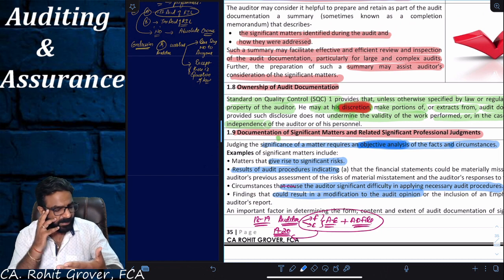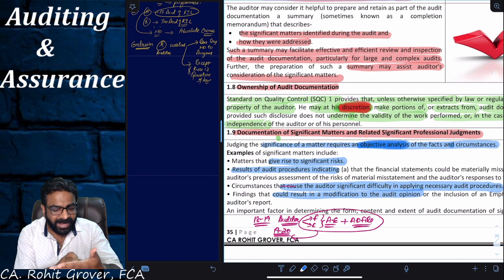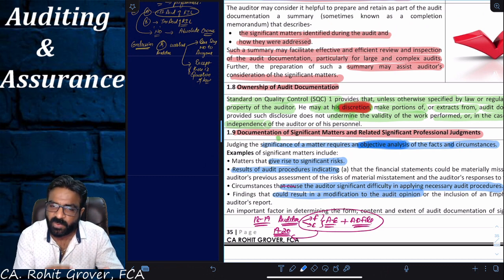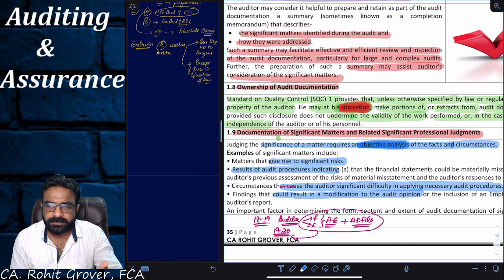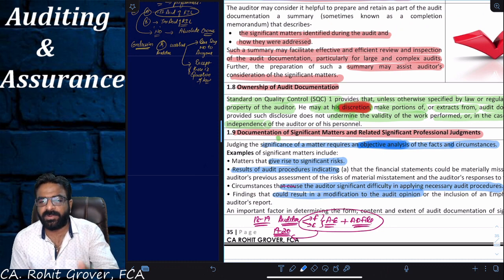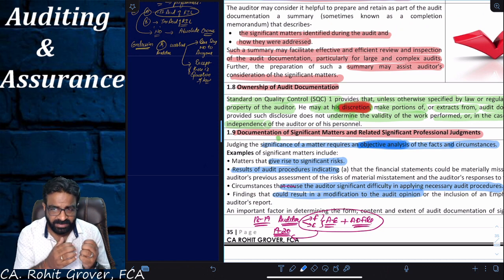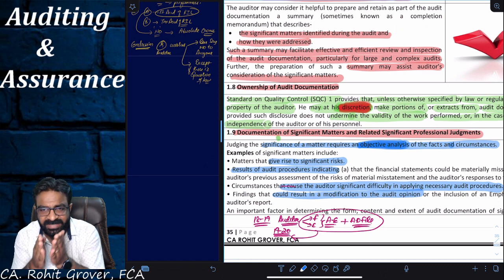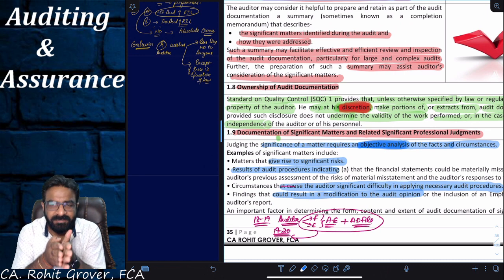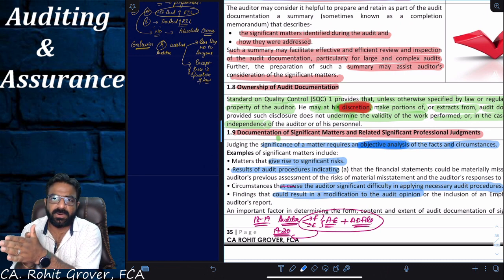You are unable to remember why I gave this report. Now you will open the file. In the file, it is the reason why I gave the negative report. Now tell me, are you able to read the reasons of your own modified opinion or not? Yes, that will help you next year.